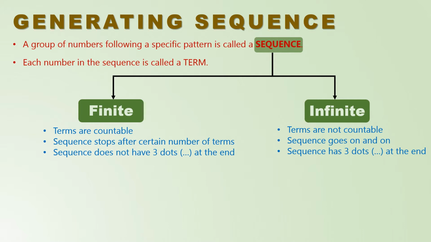But if it has three dots at the end, then it is an infinite sequence, meaning the sequence is going on and on. Three dots do not appear at the end in the example shown for finite sequence. On the other hand, three dots at the end in the example of infinite sequence indicates that the sequence continues endlessly.